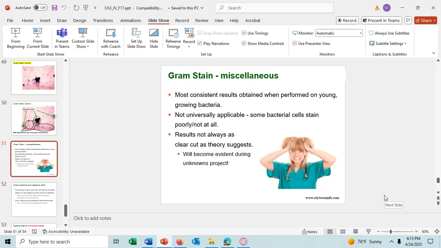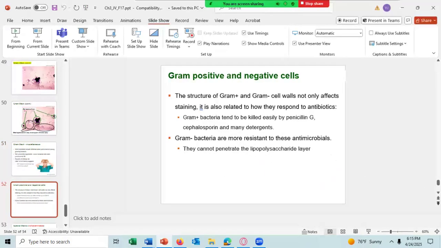The Gram stain is not universally applicable. Some bacteria stain poorly, if at all. So the result is not as clear-cut as theory suggests, and in the unknown project that may become apparent to you. The main point is, when doing the Gram stain, make sure your cells are less than 2 days old. If they're older than 2 days, don't use them for the Gram stain.